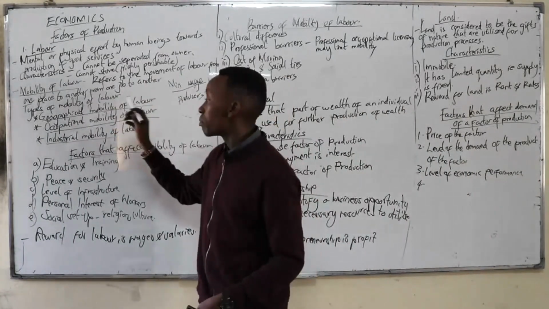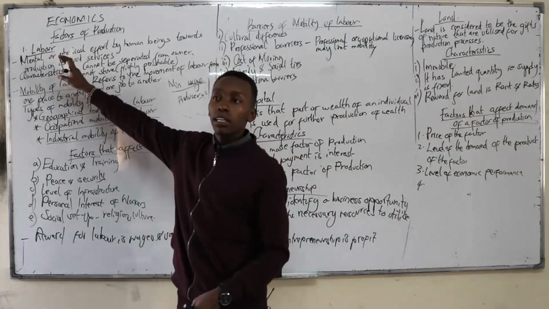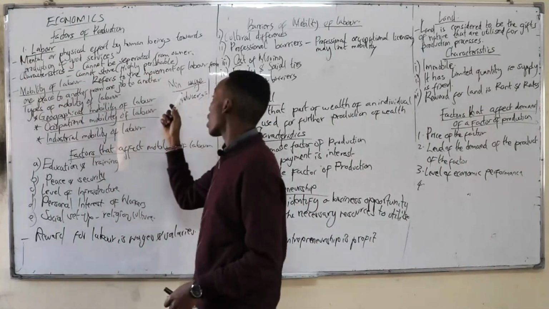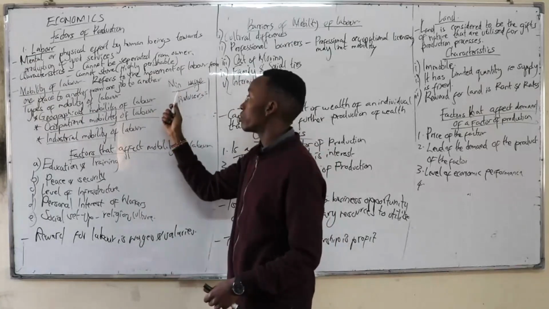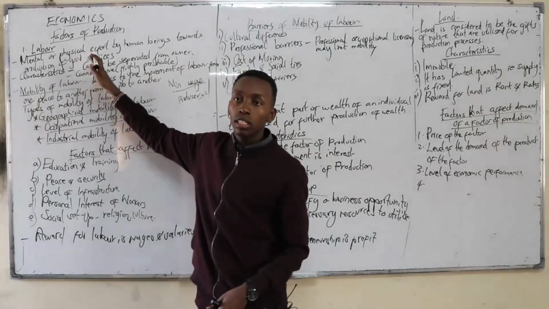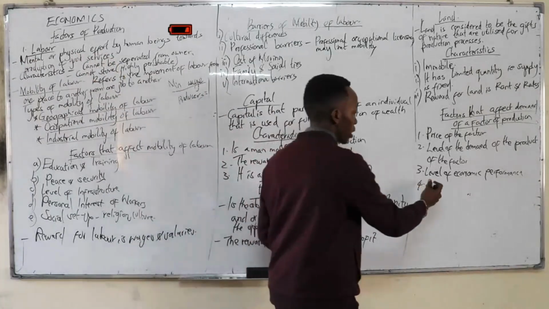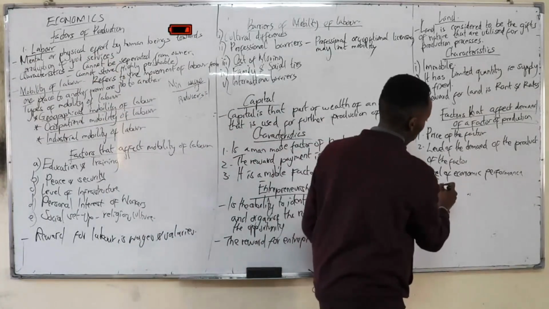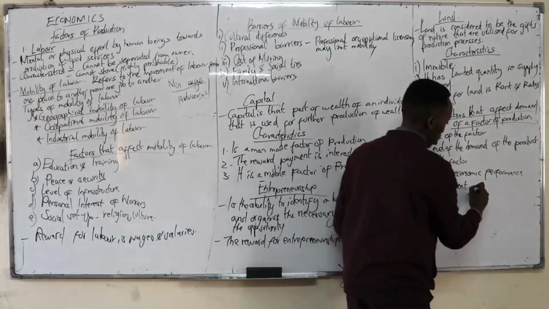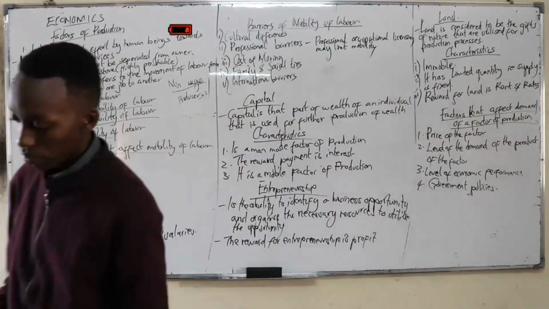If we have a minimum wage that favors the producers, will we demand more of labor or less? We'll demand more. So government legislation also affects the demand. Government policies also affect the demand.